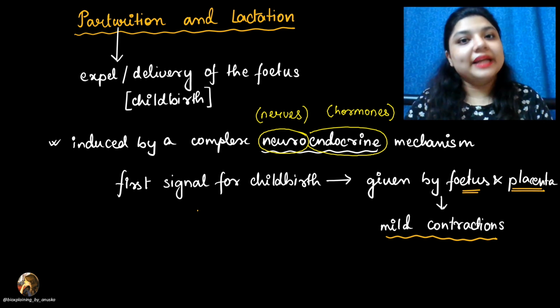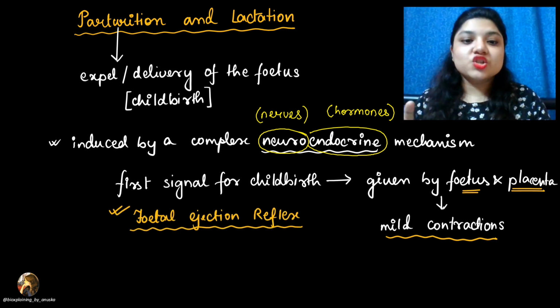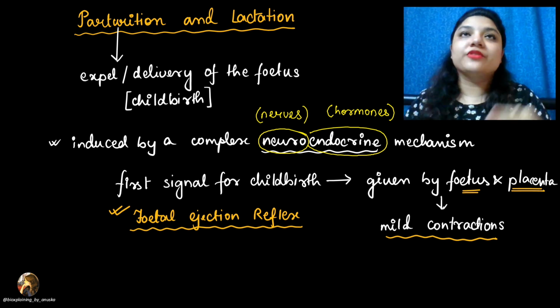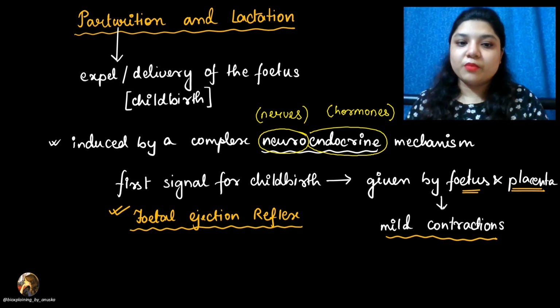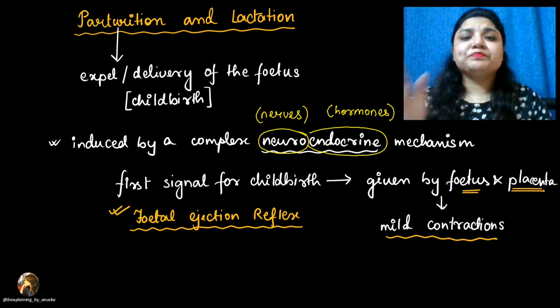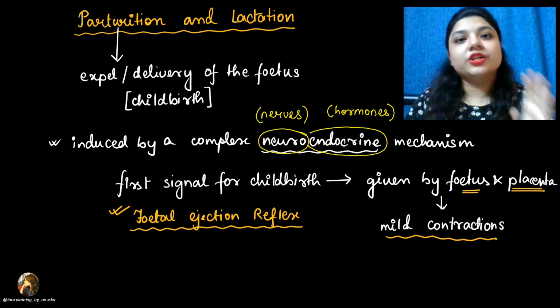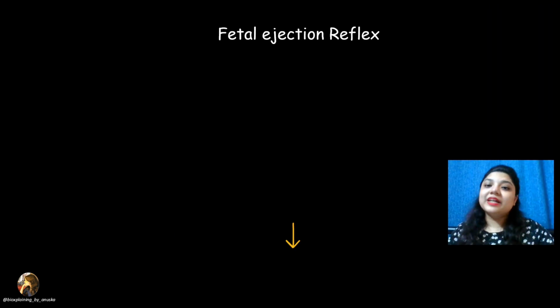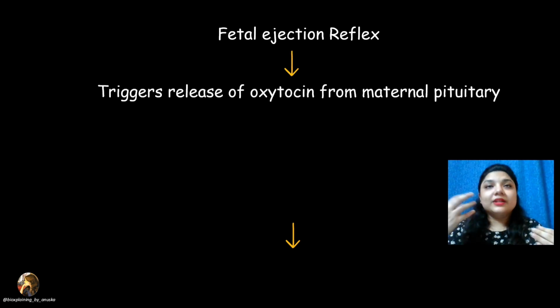That leads to mild contractions. This is known as the fetal ejection reflex. Again, this is important. What is meant by fetal ejection reflex? The fetal ejection reflex will lead to triggered release of oxytocin from the maternal pituitary.